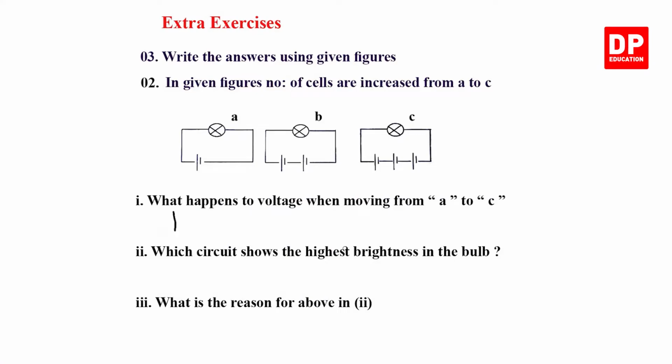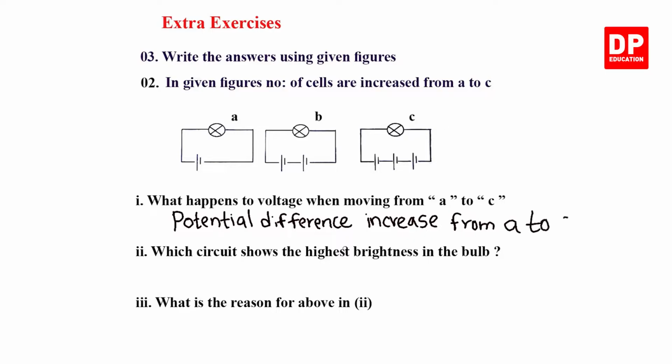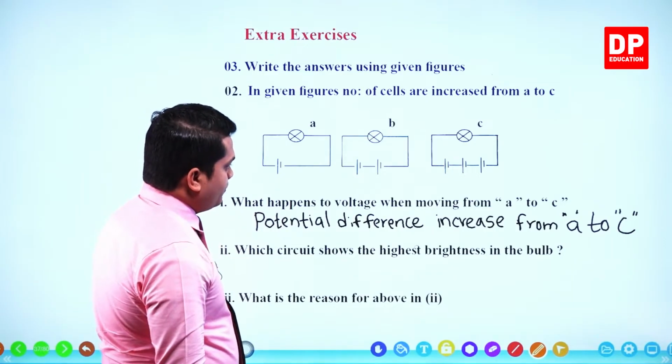So potential difference increase from A to C. What happens to voltage when moving from A to C?